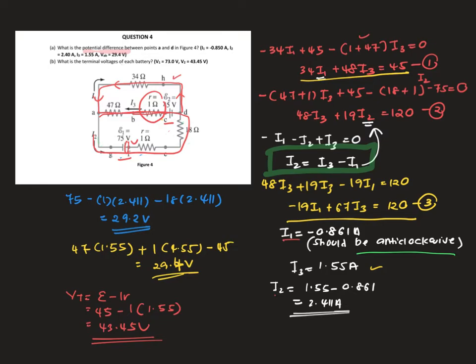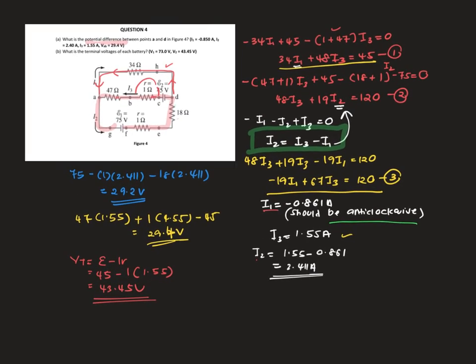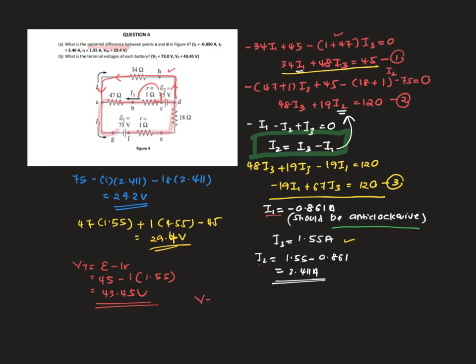It's up to you. So now I'm going to decide whether it's charging or discharging. Because my I2 is not negative, this is the correct direction. It's moving from positive to negative inside the circuit, therefore it's going to be charging. So I'm going to use the charging formula, terminal voltage equals EMF minus IR.